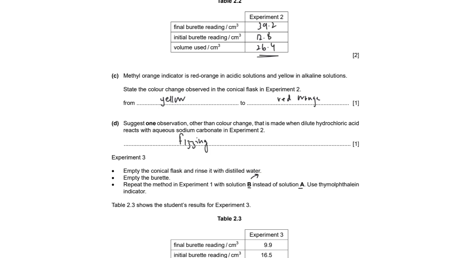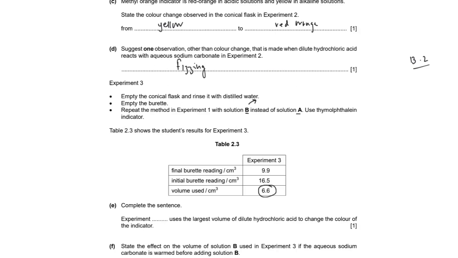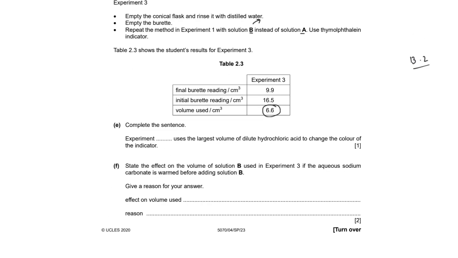Or experiment 1 was 13.2. If you just pause the video and go back like 15 to 20 seconds or just 1 minute, you can see the value is 13.2. So which experiment used the most volume of acid? Experiment number 2 used the largest volume of dilute hydrochloric acid.